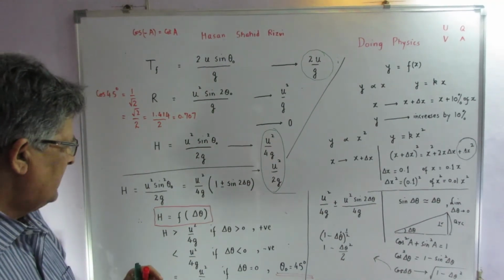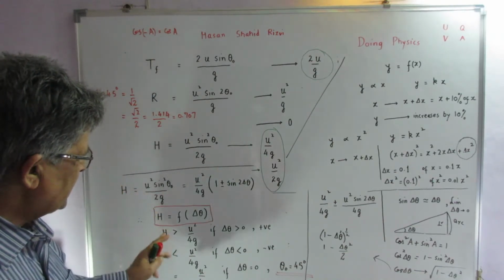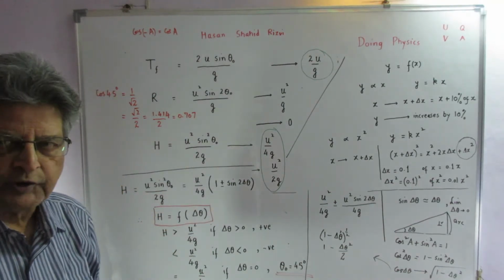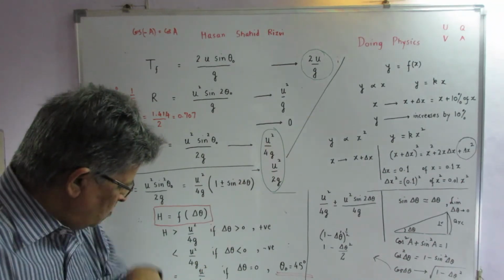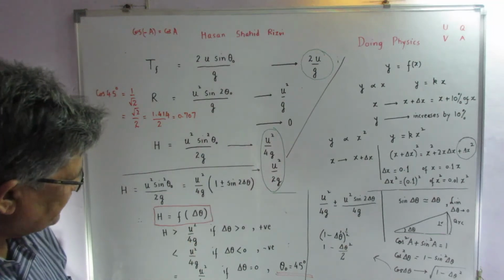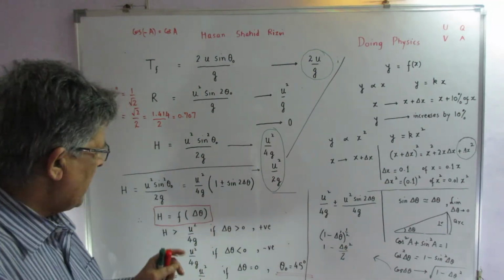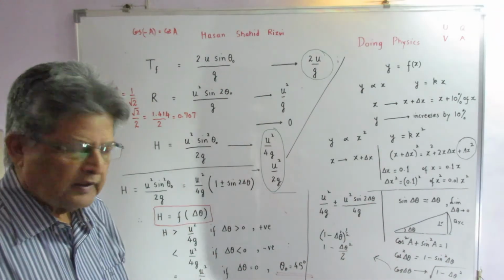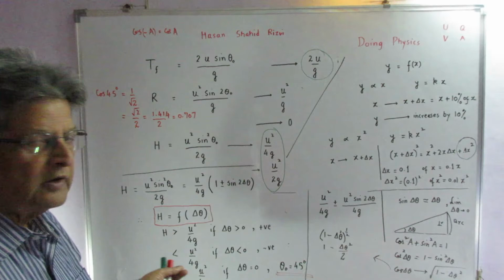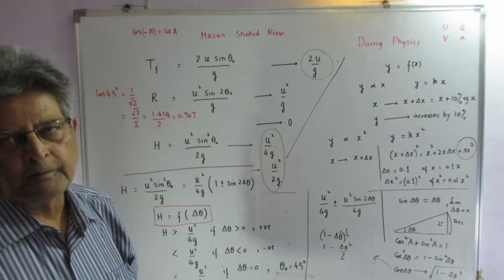We can say that suppose h is the maximum height, and if I make a small percentage change in the value of this angle from 45 degrees, then the rise in the height goes by half a meter.